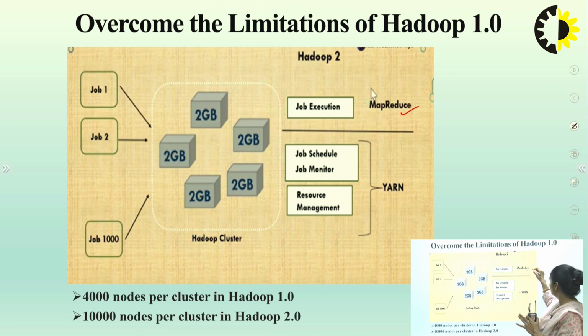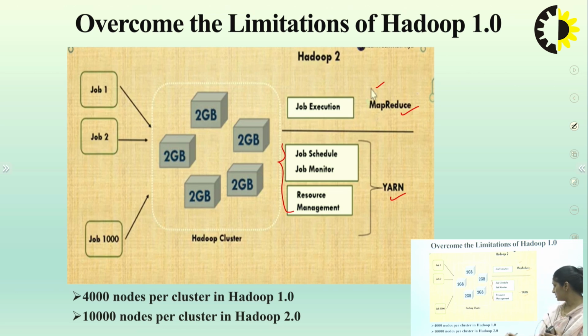First, MapReduce is handling job execution or data processing, while job scheduling, job monitoring and resource management are done by YARN, Yet Another Resource Negotiator.